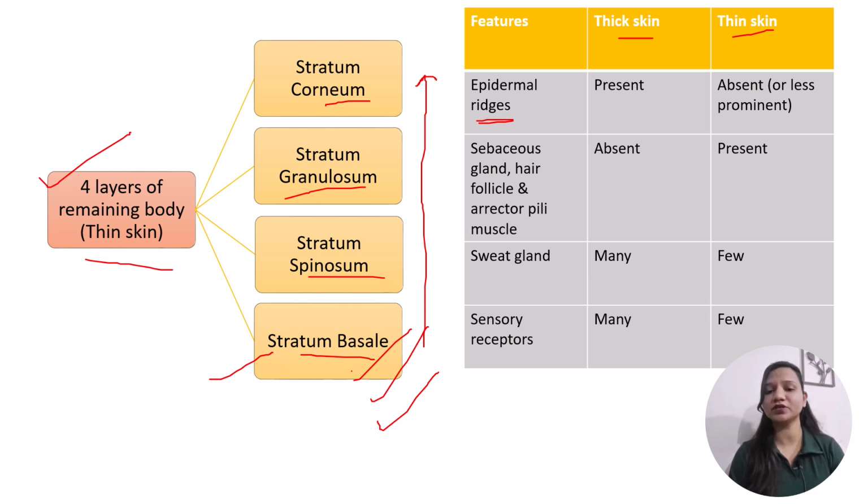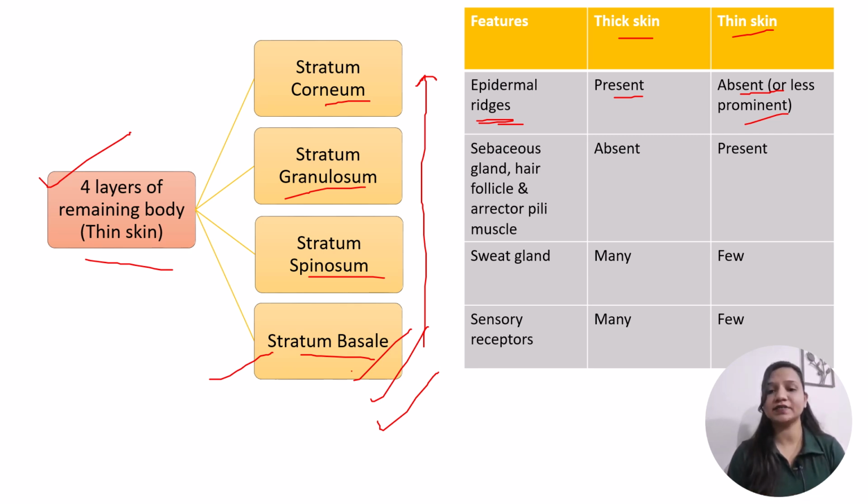These epidermal ridges are present in thick skin but absent or less prominent in thin skin. Why so? Because these epidermal ridges are responsible for the fingerprints. The epidermal ridges and the dermal papilla's attachment is responsible for the formation of fingerprints.